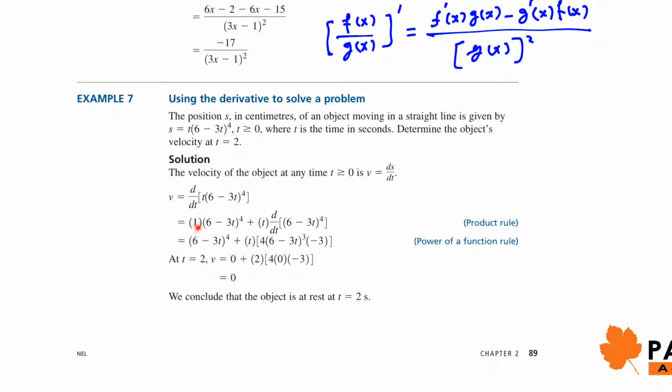Derivative of first is t, derivative is 1, times second function 6 minus 3t to the power of 4, plus first function times derivative of 6 minus 3t to the power of 4.